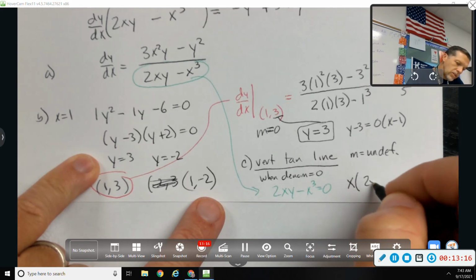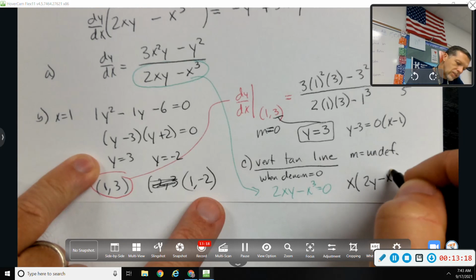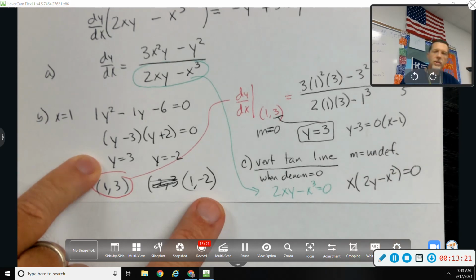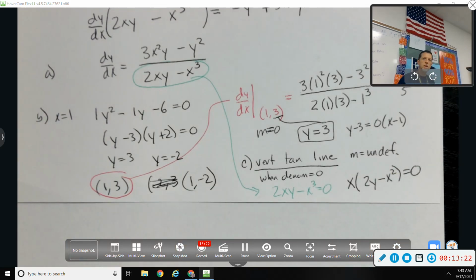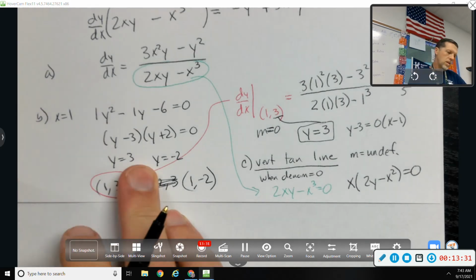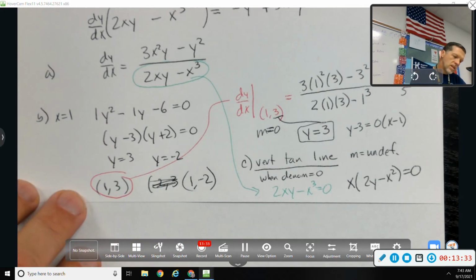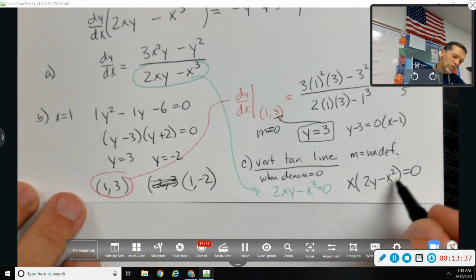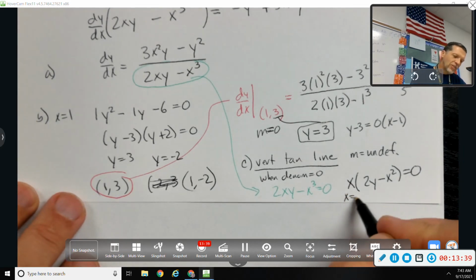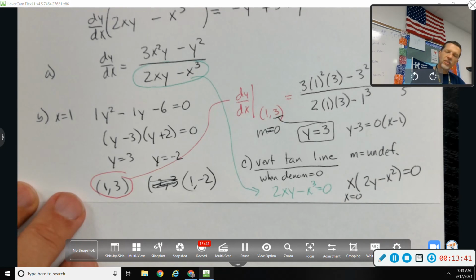That would leave 2y minus x squared equals 0. So the first part's easy. At x equals 0, that would be a vertical tangent line.